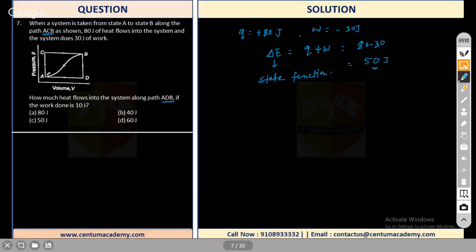So when you go from A to B by path ADB, the change in internal energy will also be 50 only, because the initial and final states are the same. No matter what path you follow, the change in internal energy will always be 50, right? So delta E we have. Work done is also given, that is minus 10.